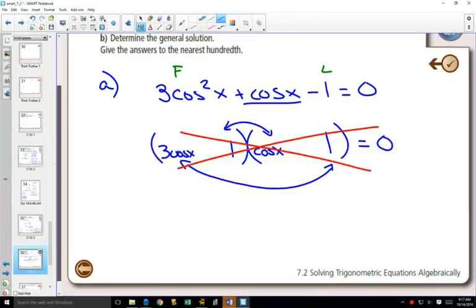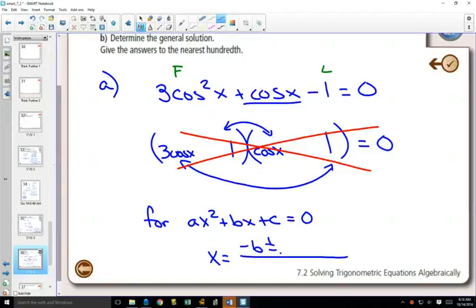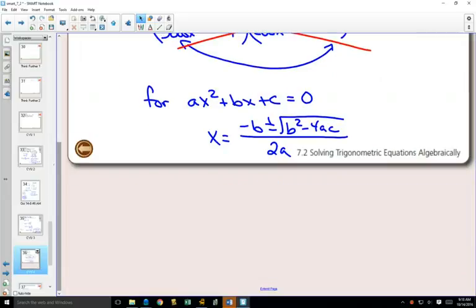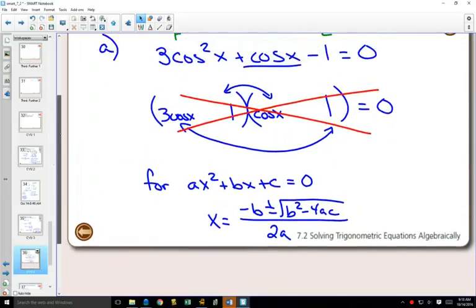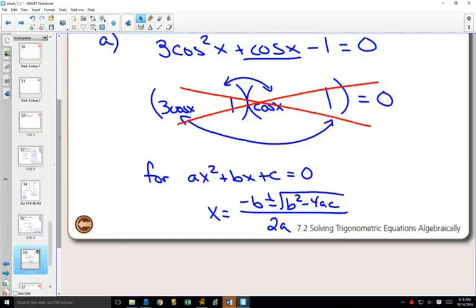Now on your formula sheet for this year, it has this: for ax squared plus bx plus c equals 0, x equals negative b plus or minus the square root of b squared minus 4ac, all over 2a. Now we don't have x squared in our equation. What do we have squared? We have cos squared.